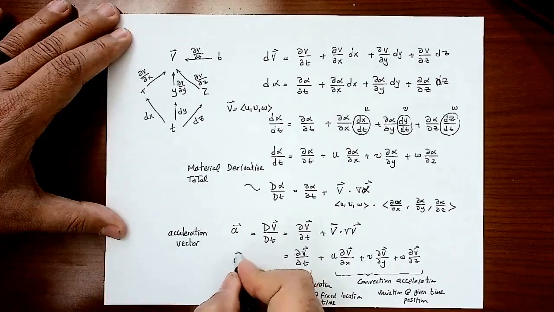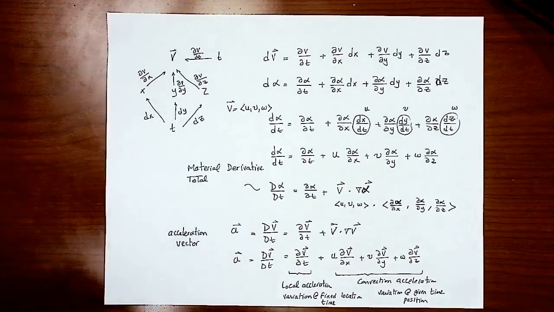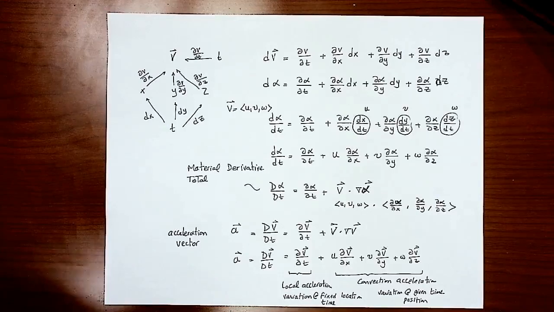And that gives me the total acceleration. So keep in mind, there are two components of the fluid flow acceleration. There's a local acceleration, that's the variation of velocity relative to the time at a given position, while the convection acceleration is the variation of velocity with the position at a given time.